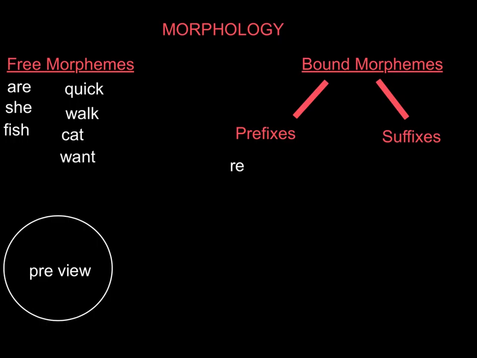Because again, morphemes build words and they help to change the meanings of words. View is to see something, preview is to see something before. And the same idea is true of review. When I add that prefix, that bound morpheme, I've changed the meaning of the word. I'm playing with the word's structure.